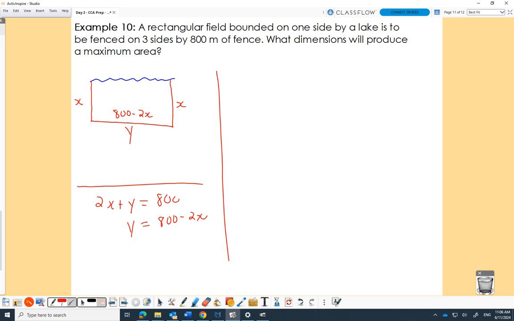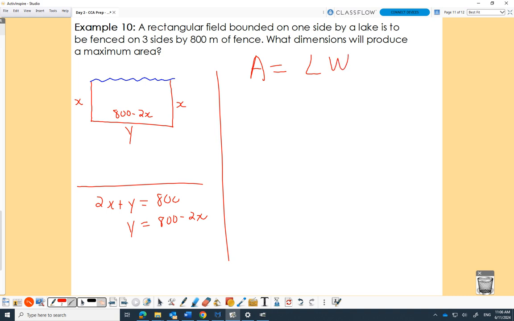Either way, I'm ready to build an equation for area. How do we find area of a rectangle? Base times height, length times width, whichever version of that you want. I'm going to write length times width, but if you write base times height, that's totally cool.